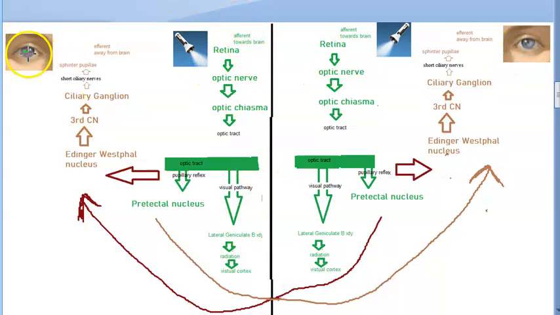So both constrict, okay, and both don't constrict when light is put on this eye, which is affected, right? So in this case, when light is here, both eyes will show an issue, right?